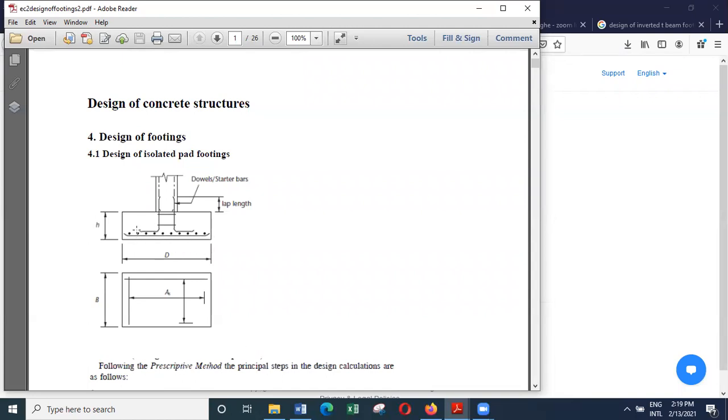And because of that pressure, you can have some shear failure here. Or on the other hand, you have to provide adequate reinforcement to carry the flexure on the face of the column. In addition to that, there's a possibility for punching shear failure. So we have to check that also.